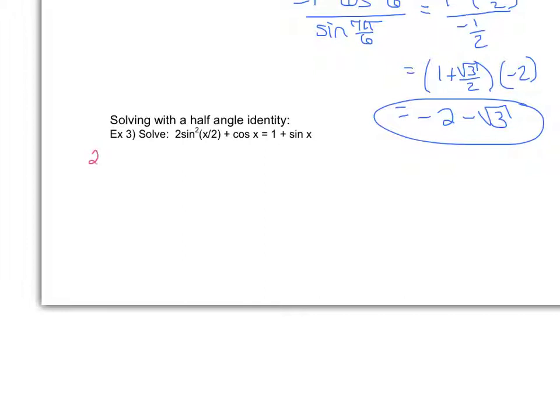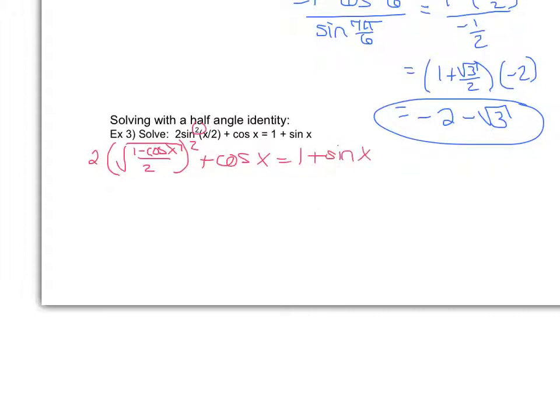So I'll have 2 times sine of x over 2 is, and I'm not even going to worry about the plus or minus because I'm going to square it anyway, the square root of 1 minus cosine of x over 2, squared, plus cosine of x equals 1 plus sine of x.